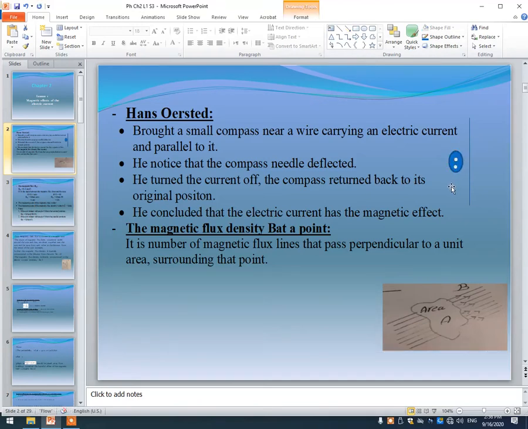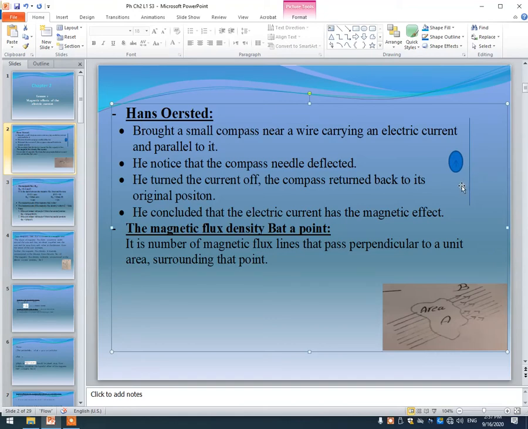This needle will be deflected during the passing of the electric current through the wire, between the North Pole and the South Pole of the Earth, under the effect of the invisible force which is produced during the passing of the electric current.